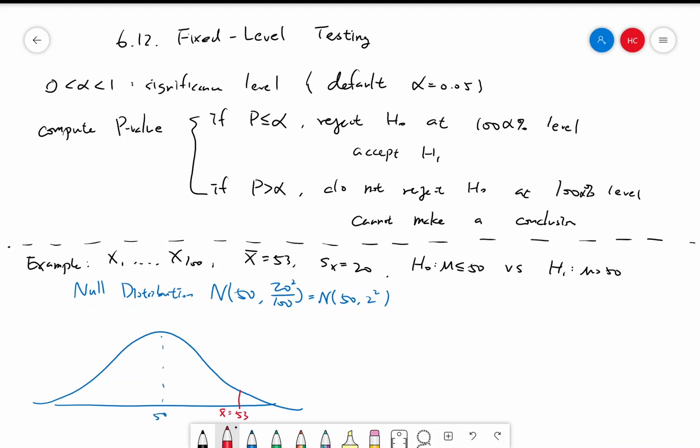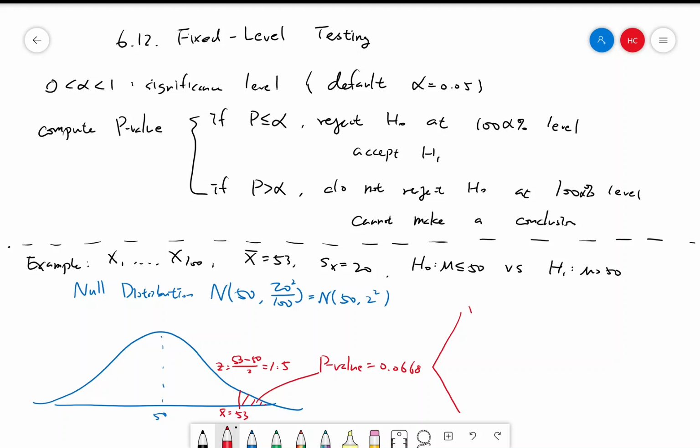To calculate the p-value, first we calculate the z-score. So z is 53 minus 50 over 2, which is 1.5. And you look at the z-table, you can calculate the p-value. So the p-value is 0.0668. So depending on the value of alpha, we can make different conclusions.